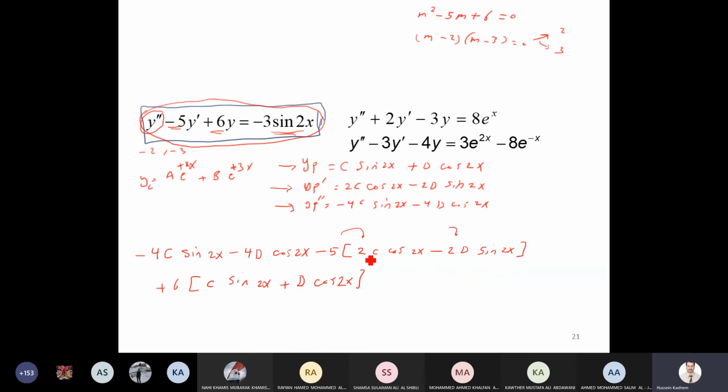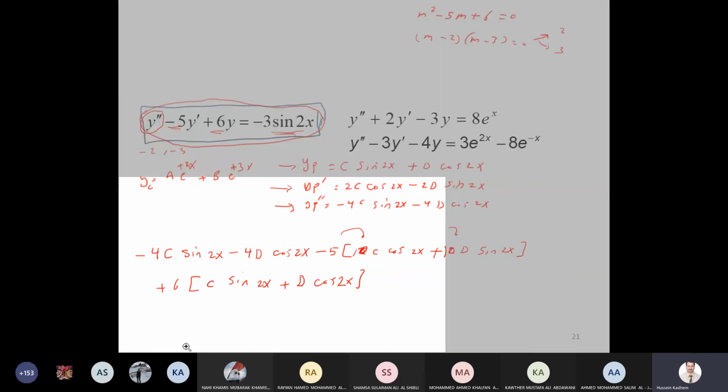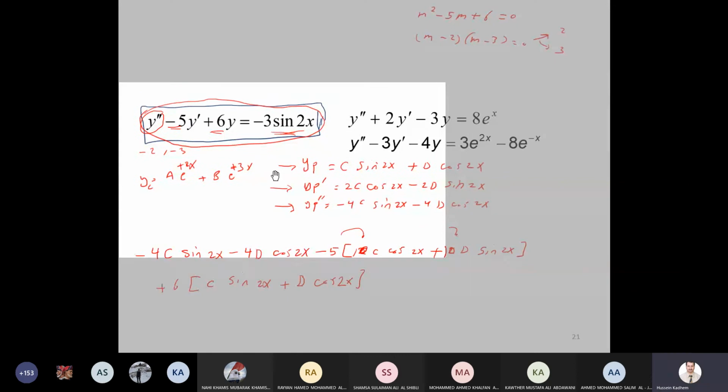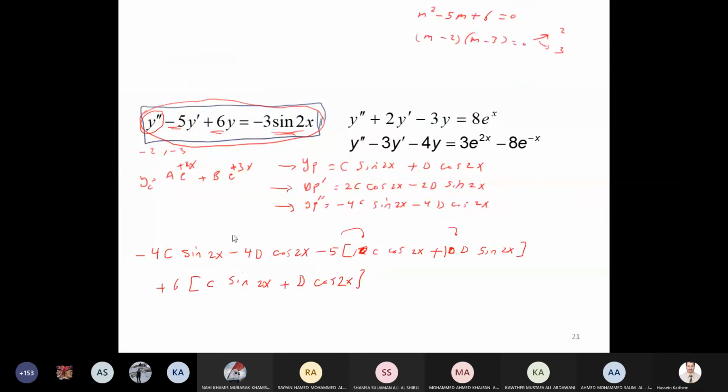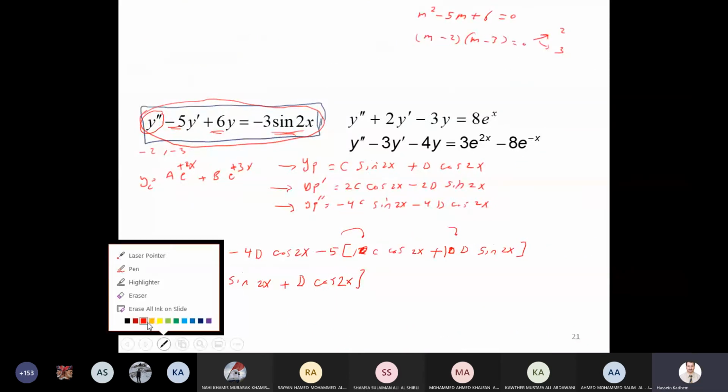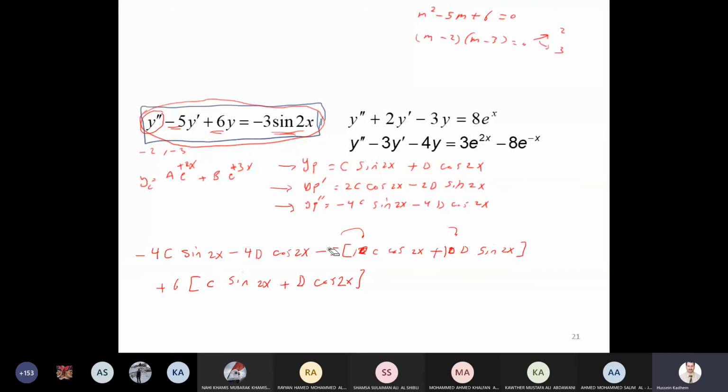So minus 5 by 2 is minus 10, and minus 5 by minus 2 is plus 10. I will erase this part: minus 10, and here minus will become plus 10. Okay, no need for brackets.